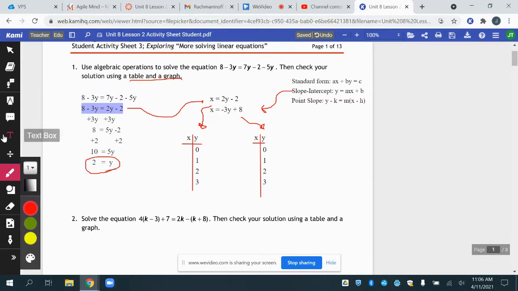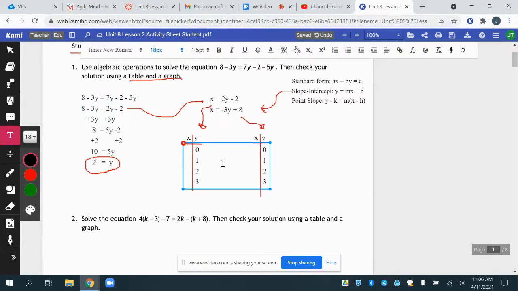If I plug in a 0 for this one up here, I get, let's see, this is ugly. There. So the top one: if y is 0, I get -2 for x.